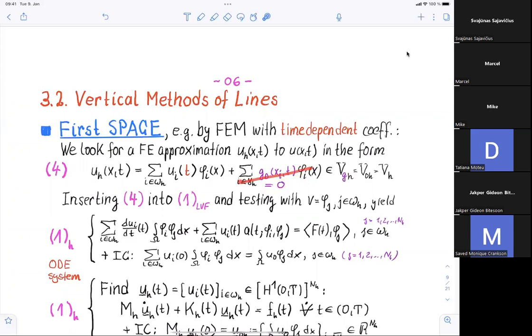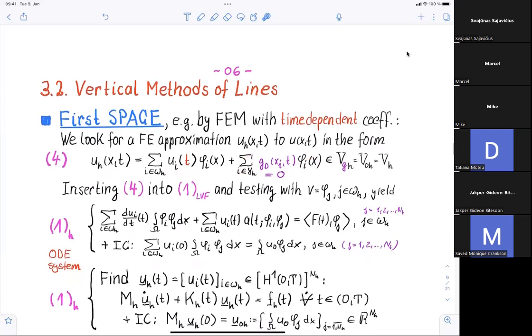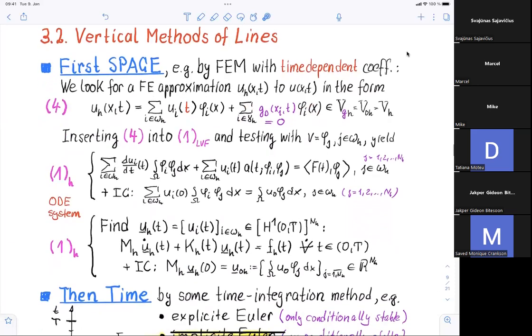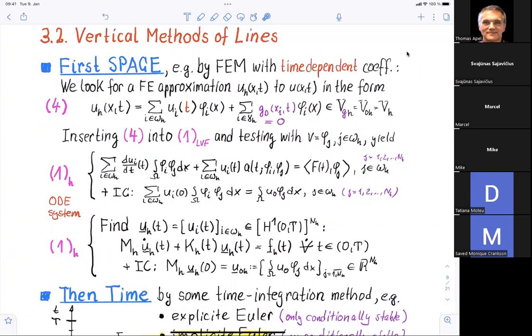I take this away. When I need to define the coefficient, it is very easy: I insert this into the variational formulation. Then here you have a time derivative, and test this, as usual in the elliptic case, with basis functions. Here you can extract this, and what you see is nothing else than a large ODE system.